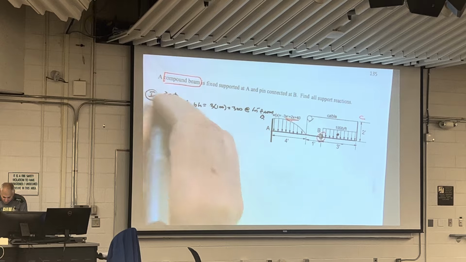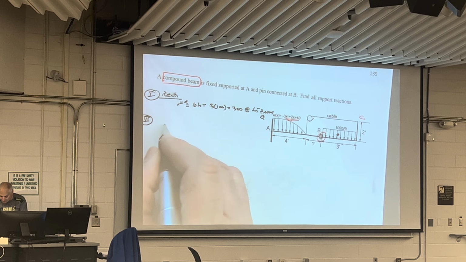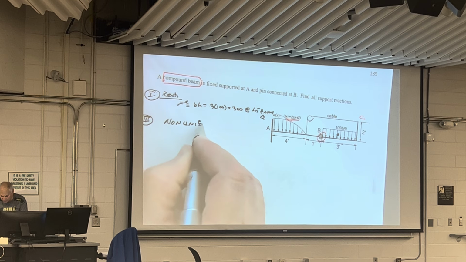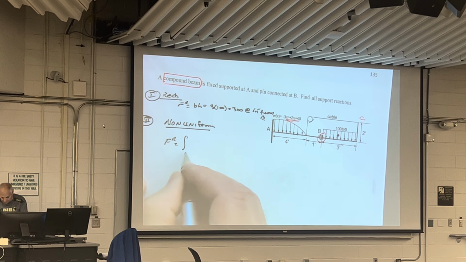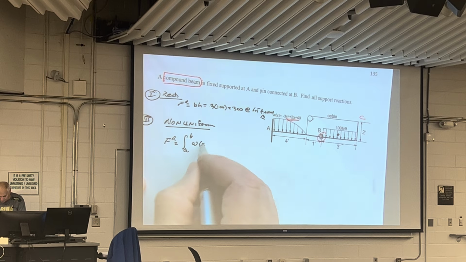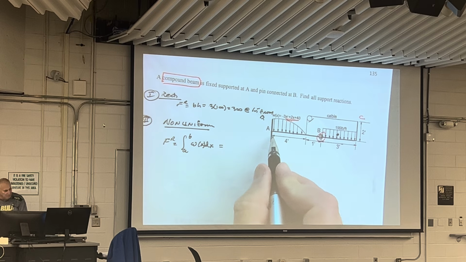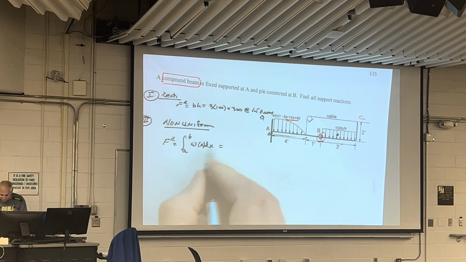This is number 1. Number 2, this would be the non-uniform load. Single force resultant equals the integral from A to B of w of x dx. Well, how far does it extend? It extends from 0 to 4.